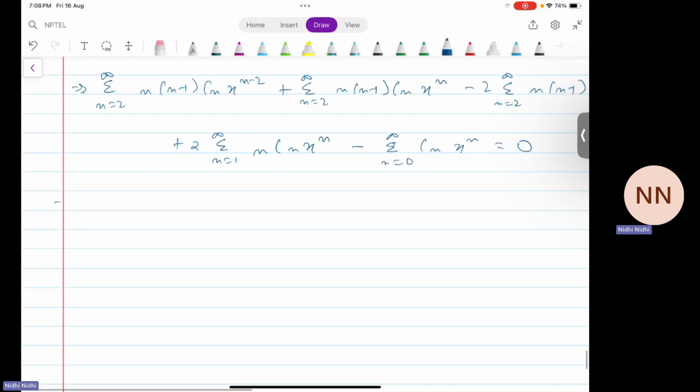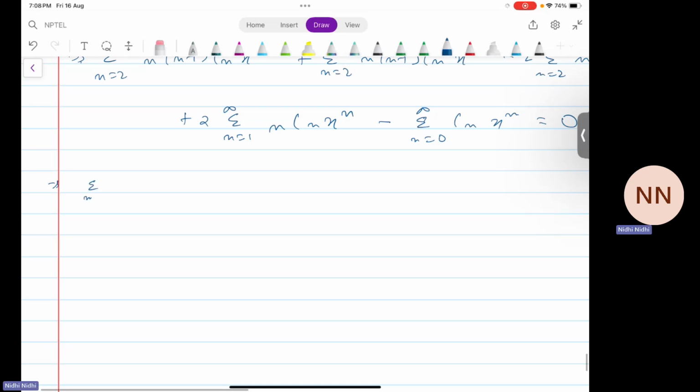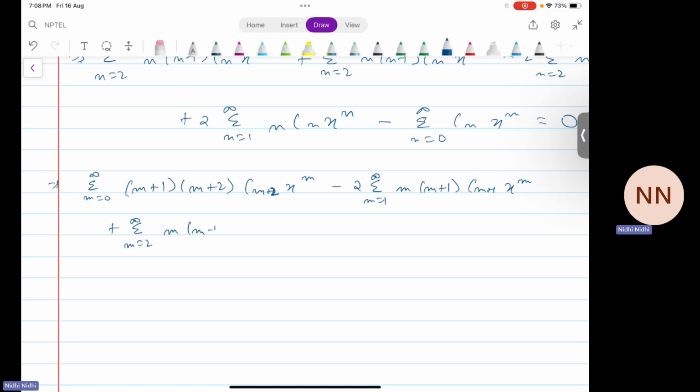We'll get summation m from 0 to infinity m plus 1 m plus 2 c(m plus 2) x to the power m, plus summation m from 1 to infinity m plus 1 c(m plus 1) x to the power m, plus summation m from 2 to infinity m minus 1 cm x to the power m, plus 2 summation m from 1 to infinity m cm x to the power m, minus summation m from 0 to infinity cm x to the power m equals to 0.